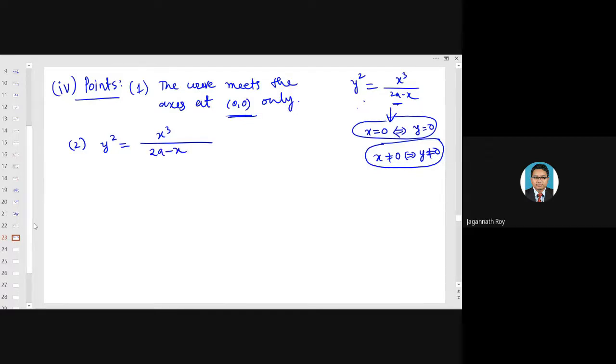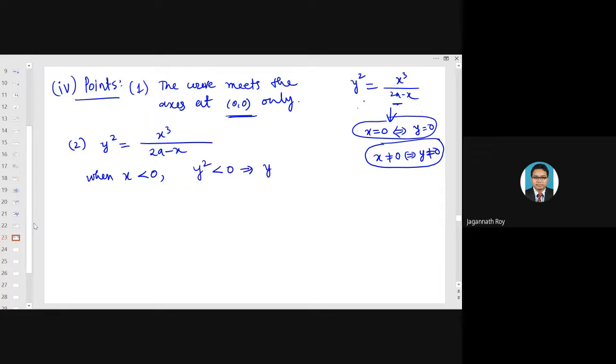y square equals to something over 2a minus x. So when x is negative, if you take the negatives, then y square is getting negative.